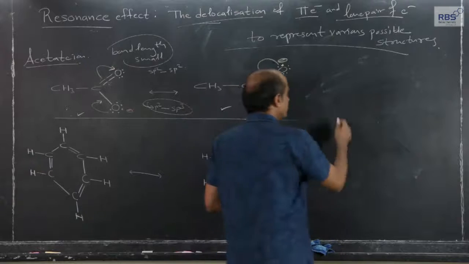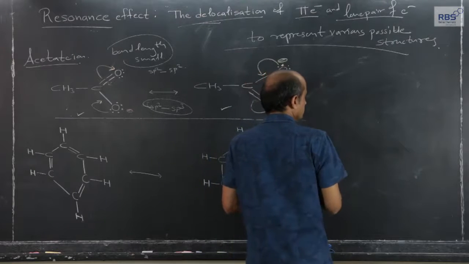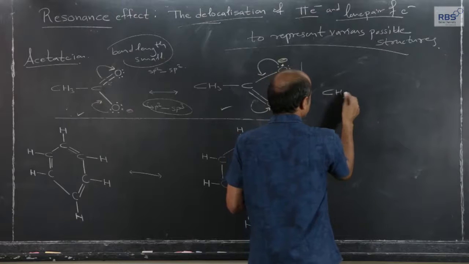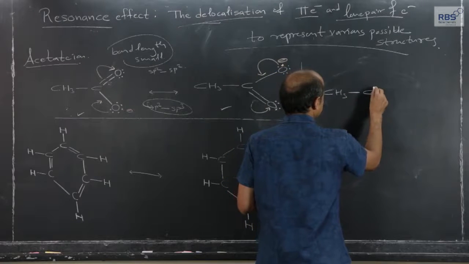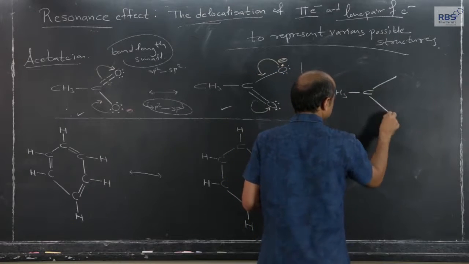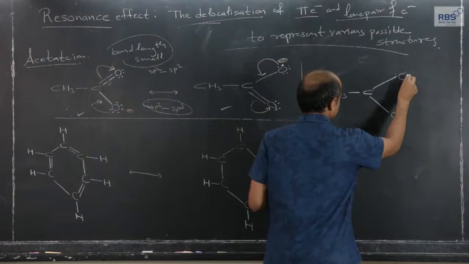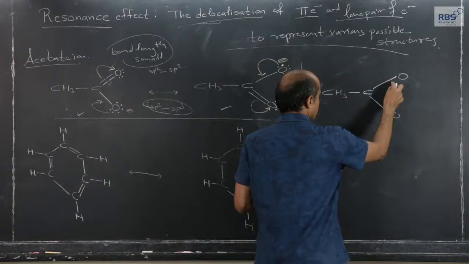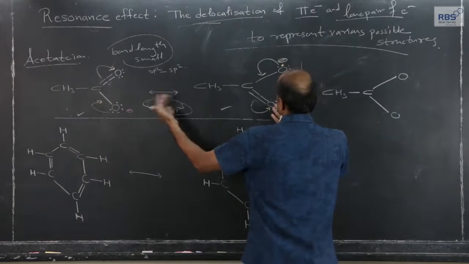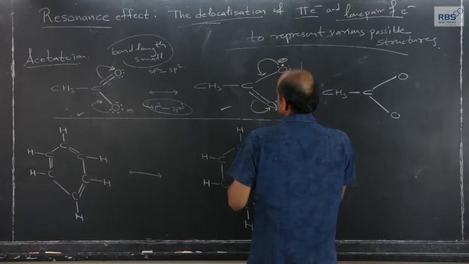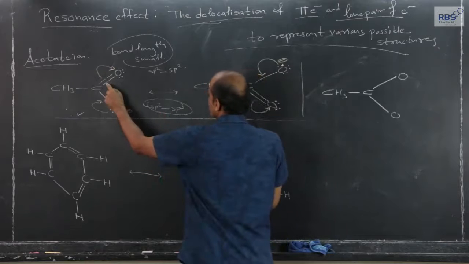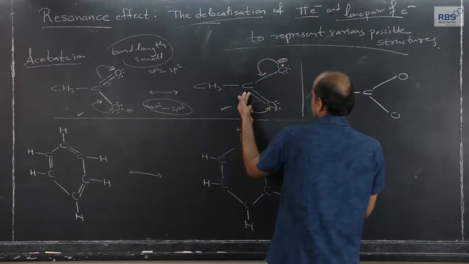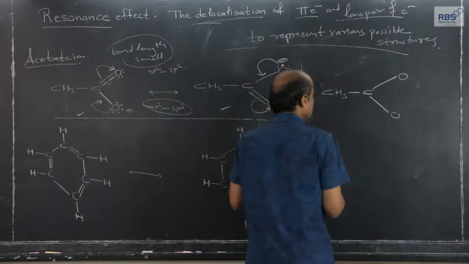And therefore, the carboxylate ion, here in general the acetate ion, is represented in this fashion. Either the two resonating forms, in one resonating form the double bond is on this side, in another resonating form the double bond is on this side.